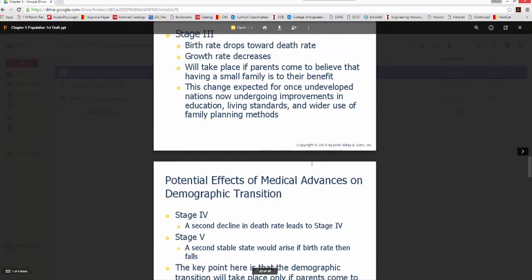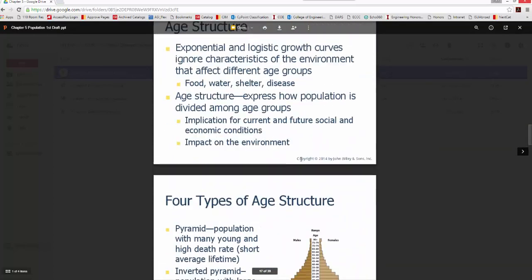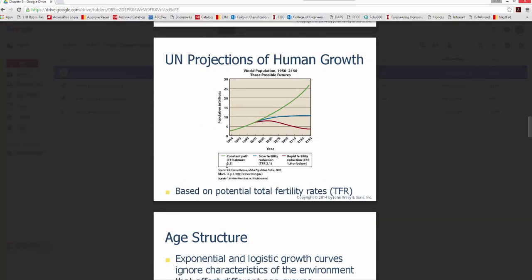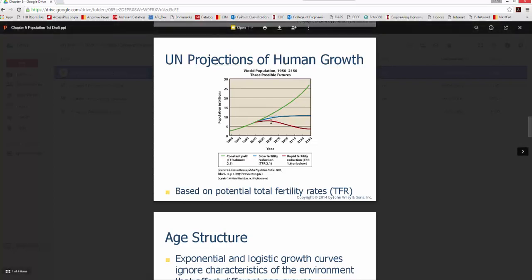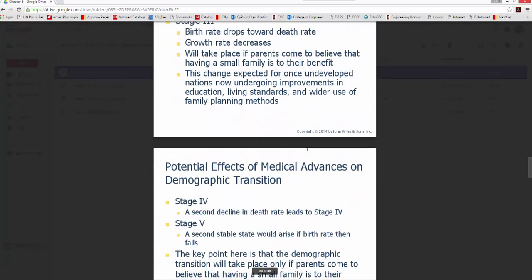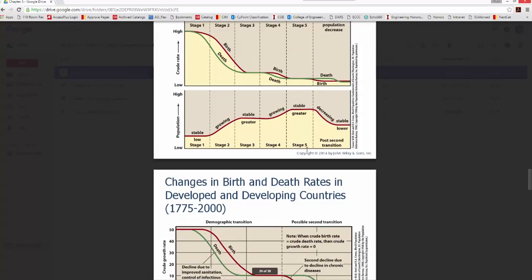So recall when we talked about the rapid fertility reduction rate, in other words, we went from 2.5 to 1.6 children per female, then we begin to see this decrease in population. This would be an example of that occurring. There are less births.